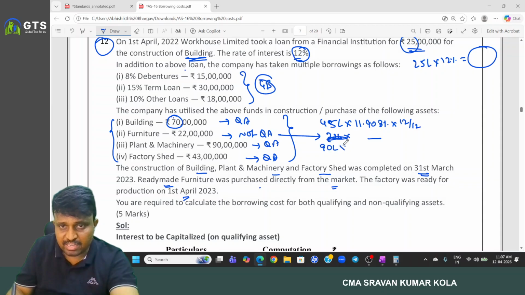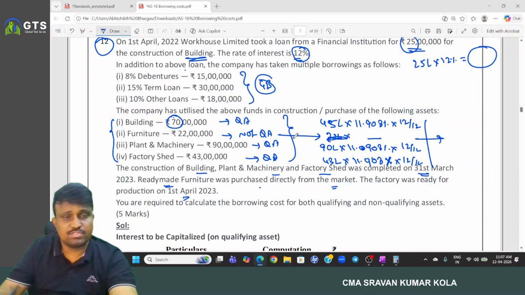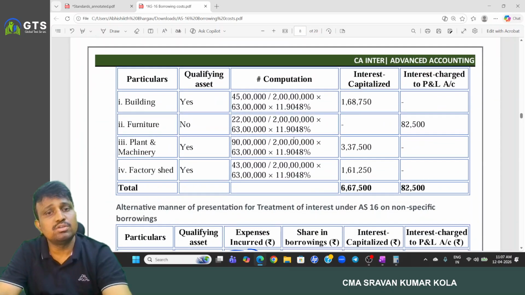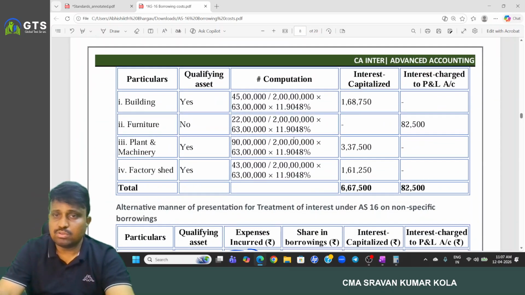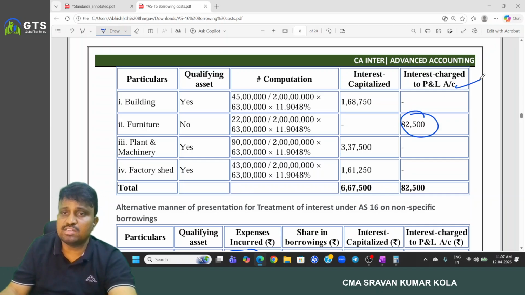And the remaining 90 lakhs into 11.908% into 12 by 12, and factory shed 43 lakh into 11.908% into 12 by 12, and this part is expense, 22 lakhs into 11.908% into 12 by 12. In that way, how much amount is that? 82,500 is expense and the remaining amount is capitalized.